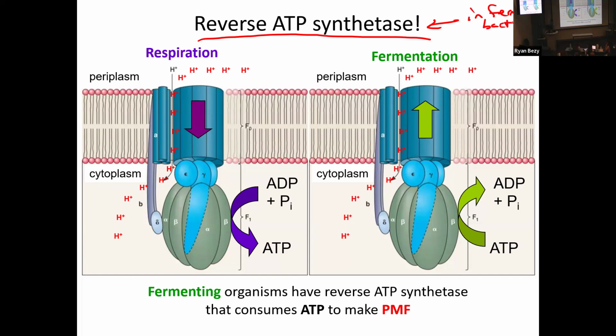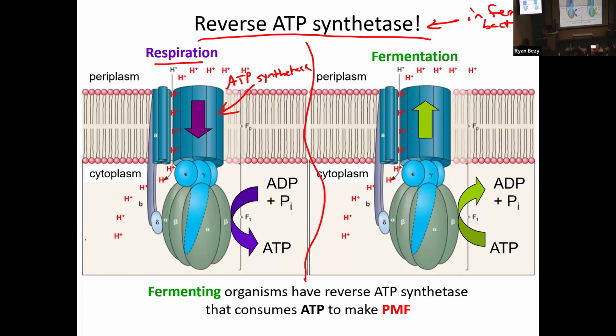Reverse ATP synthetase is similar to ATP synthetase, but it is a different enzyme, and it does, in essence, the reverse of ATP synthetase. So remember, during respiration, you have the ATP synthetase, not the reverse one.